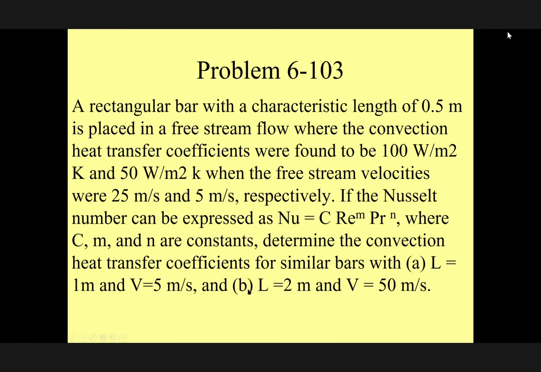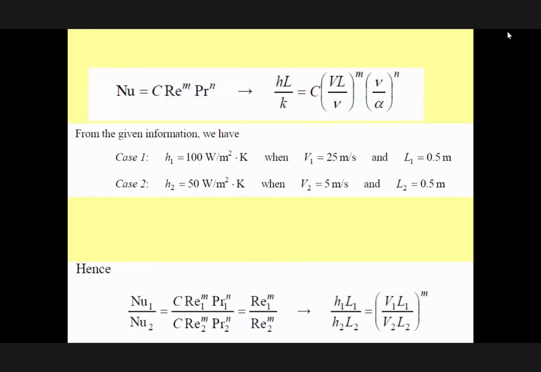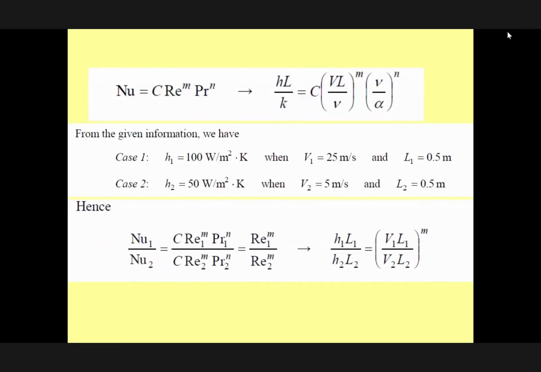The length is 1 meter and the velocity is 5 meters per second. Therefore here I can go back and mention I now have case scenario 3, in which the length is 1 meter and the velocity is that. In this case the unknown here is h3, but I know now what is the value of m.